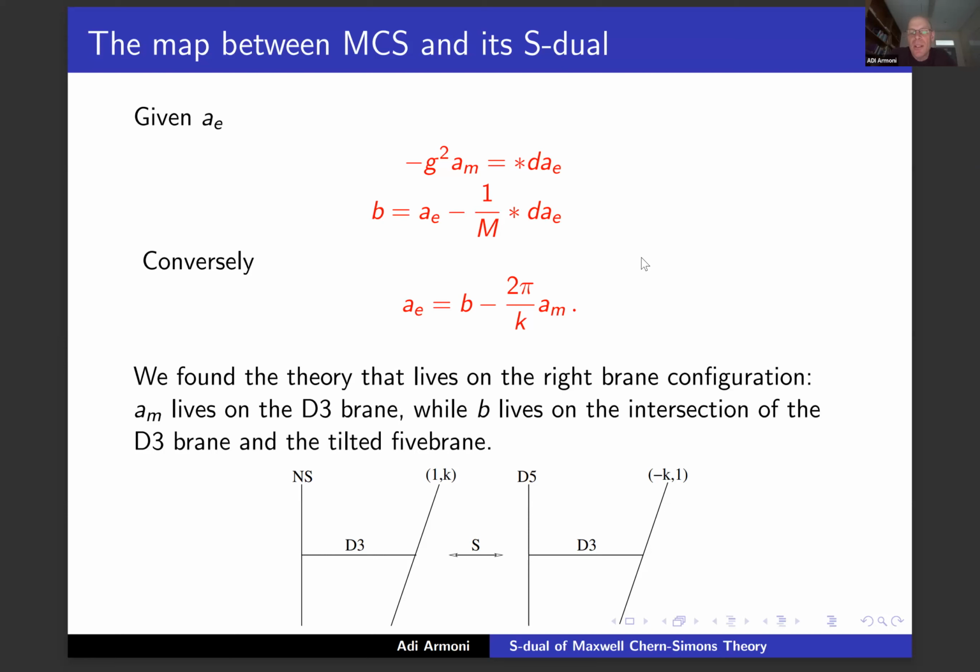For example, Gaiotto and Witten: if you take the D5 away, that's Gaiotto-Witten theory, and that's correct. If we have k equals 0, then we know the answer. The brane configuration is two parallel D5s and the D3 suspended between them, the original Hanany-Witten paper, and it's also correct. But the general solution and the statements in the literature were incorrect. And so now we know what is the theory that lives on the right brane configuration.